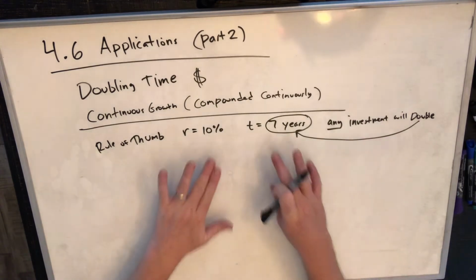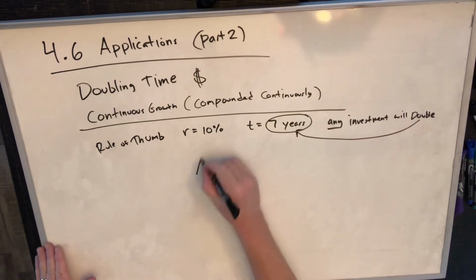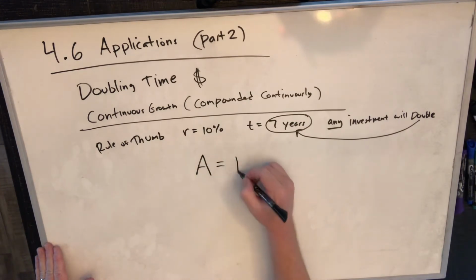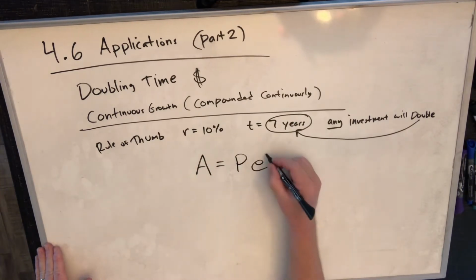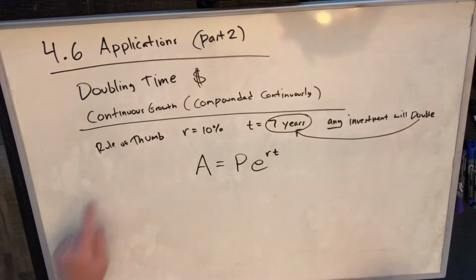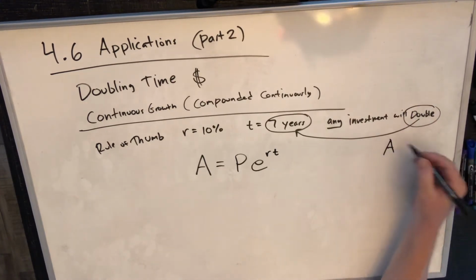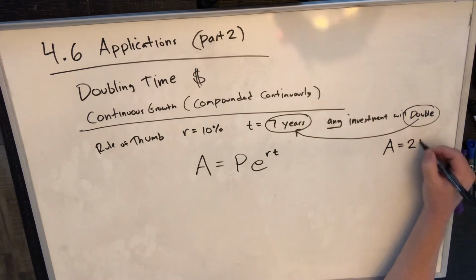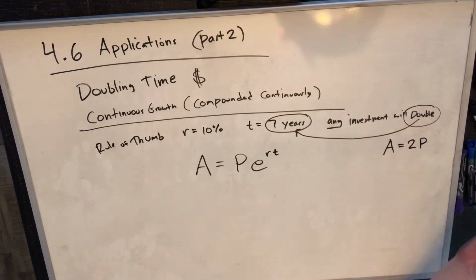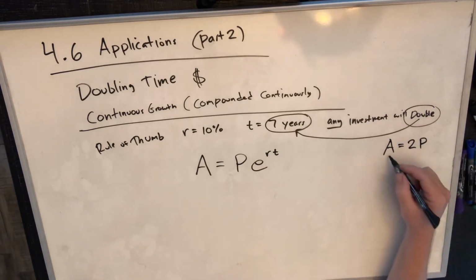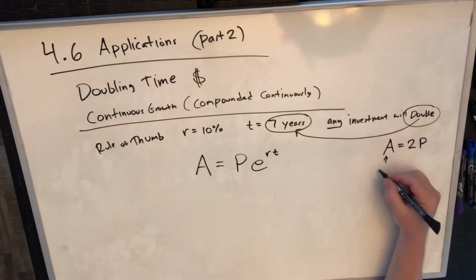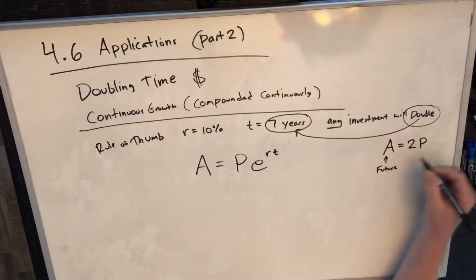Let me first demonstrate how this works, in case you didn't catch it last time. We're using the continuous growth formula, or the compounded continuously formula, and we want to double our money. So we want the future amount to be double the principal. A is the future and P is the present.